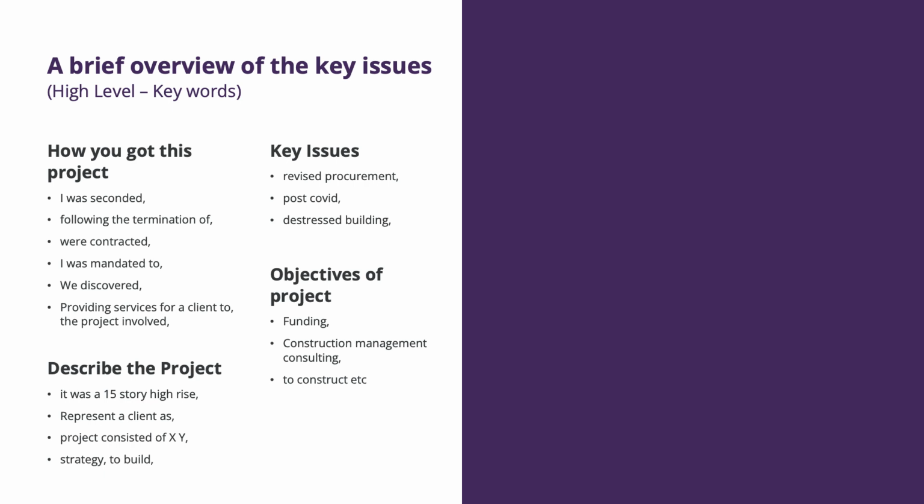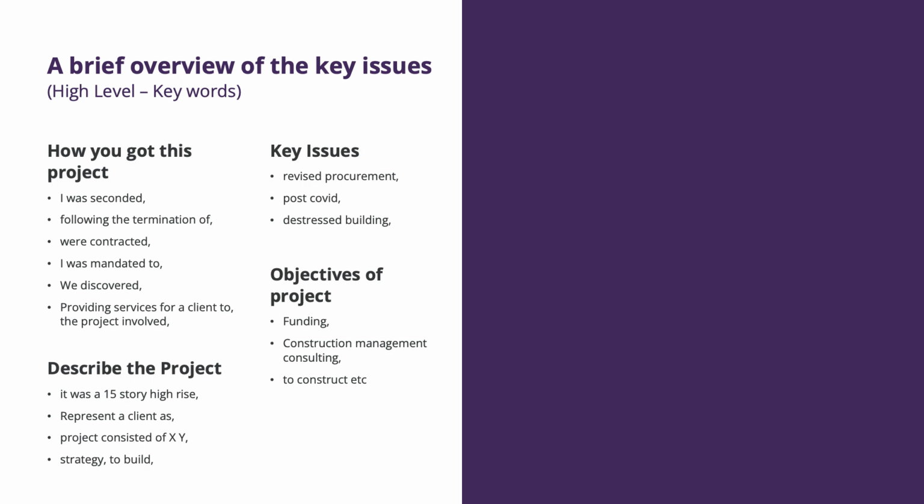Then for describe the project: it was a 15-story high-rise, we're representing a client, the project consisted of X, Y, and Z, the strategy. Then the key issues: procurement, post-COVID, maybe it's a distressed building. And the objectives: construction management consulting, to construct something, to build something.